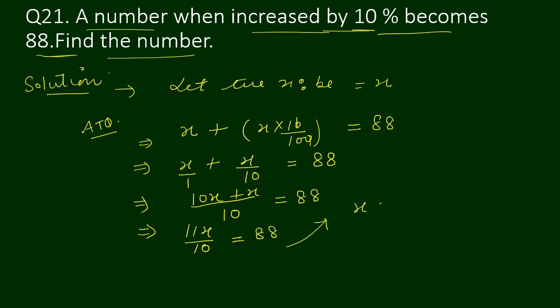Find the value of x: 88 into 10 upon 11. 11 ones are 11, 11 eights are 88, so it will come 80. So x is your number, that is 80.